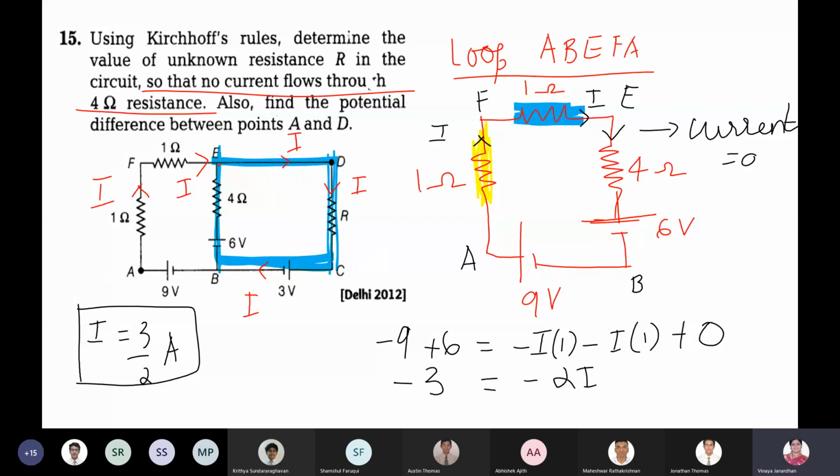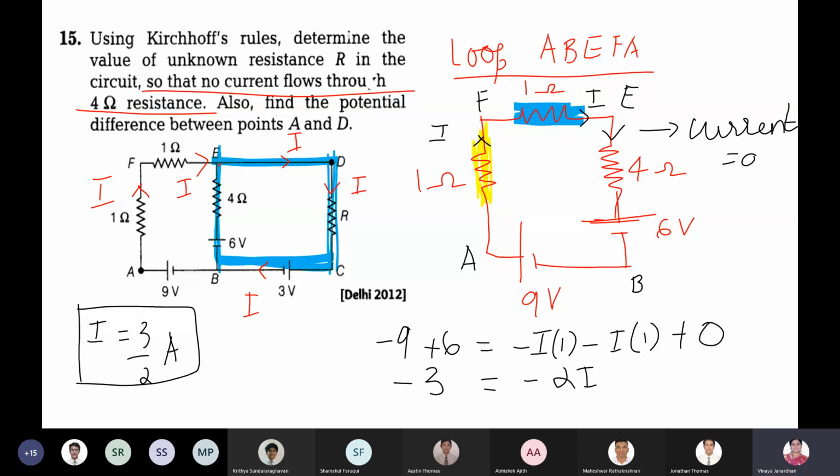Using Kirchhoff's rule, determine the value of unknown resistance R in the circuit so that no current flows through 4 ohm resistance. Also find the potential difference between the points A and D.